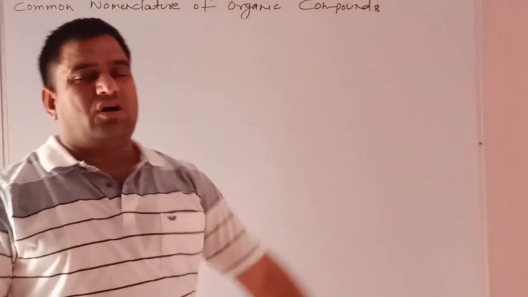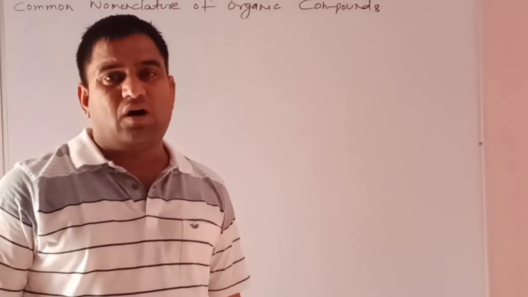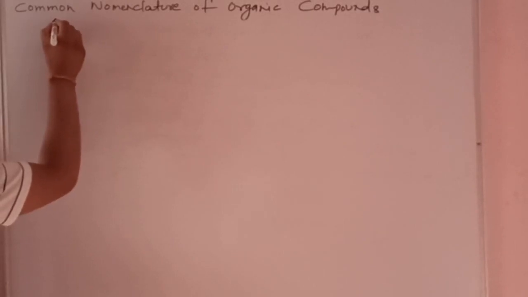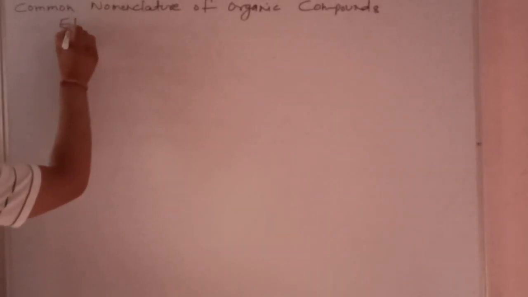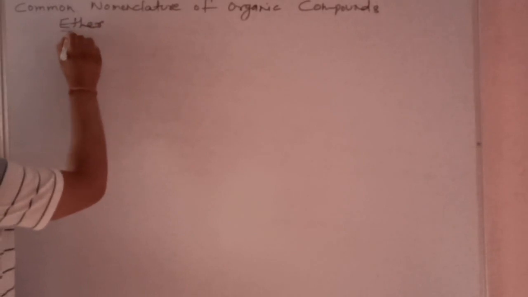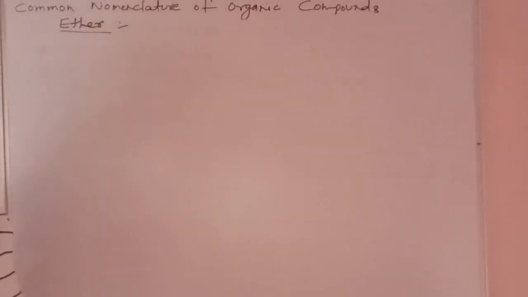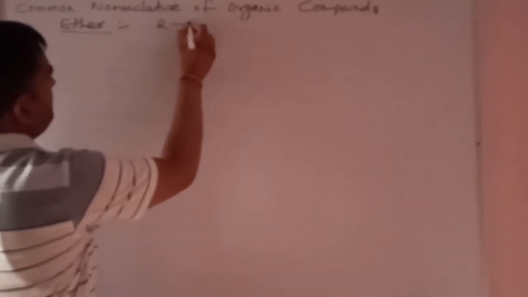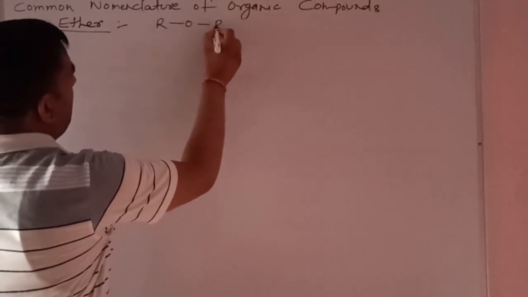Today we are doing common nomenclature of organic compounds, and today we start common nomenclature of ether. We know that ether is ROR.